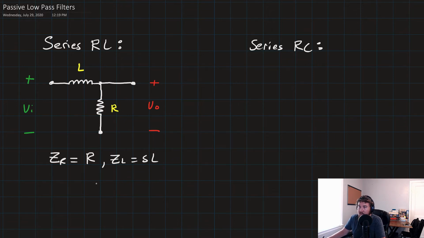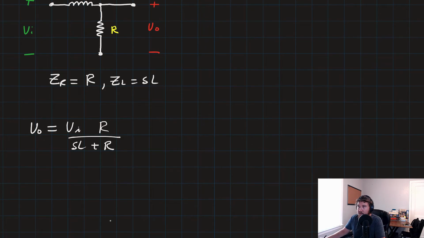If we do a voltage divider for V out, it's going to be V out is equal to V in times R over SL plus R.